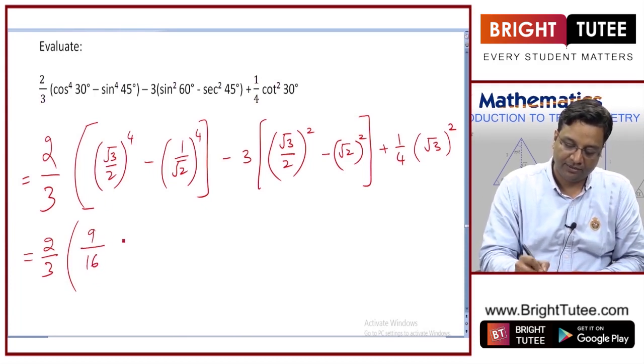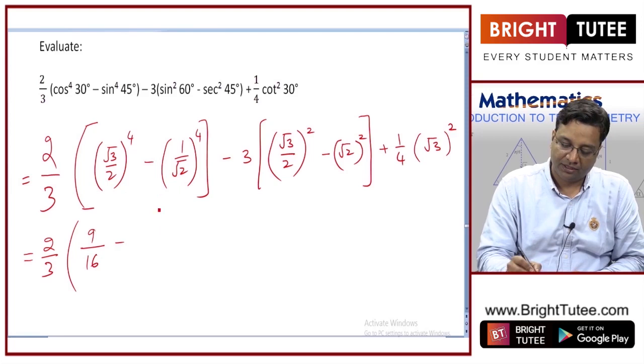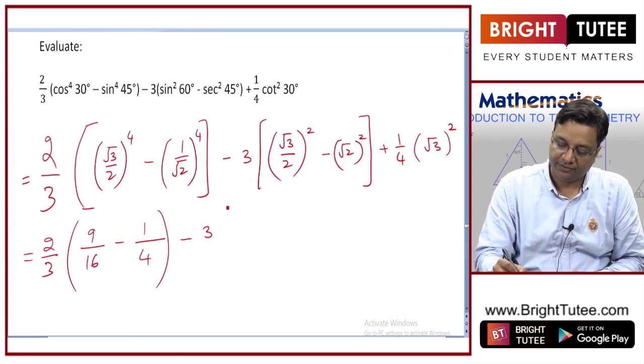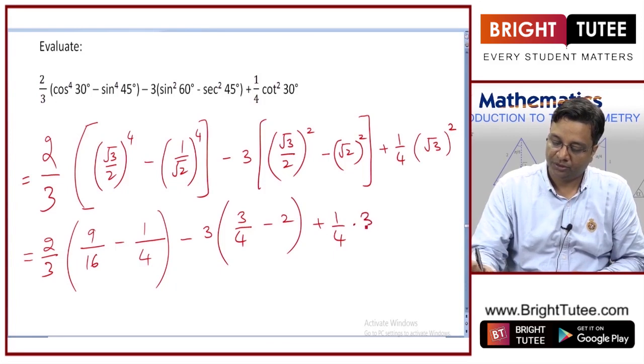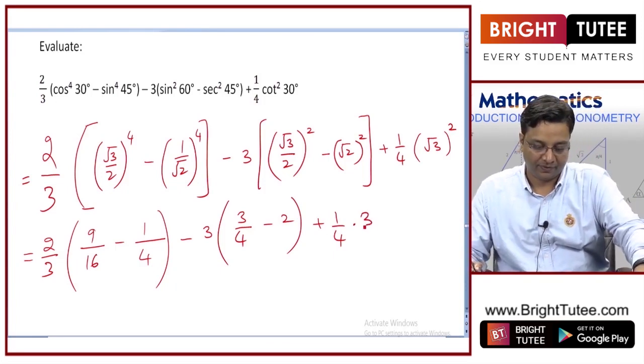This will give you 16 minus this is 1 by 4 minus 3. This is 3 by 4, right, minus 2 plus 1 by 4 into 3, right.